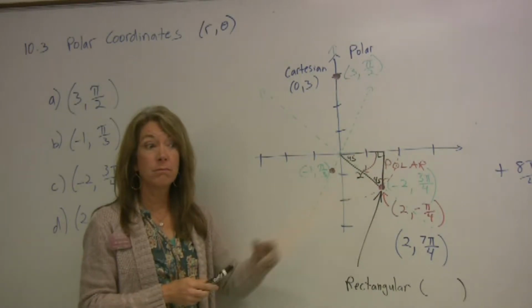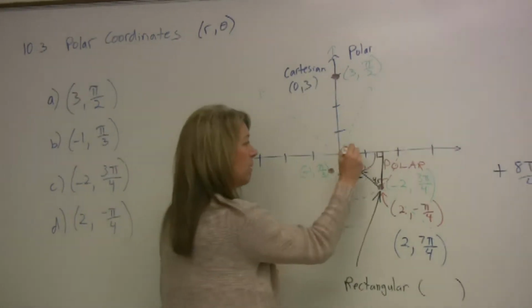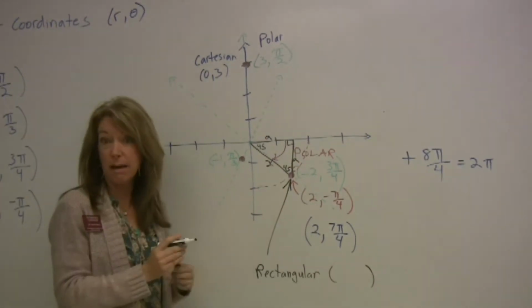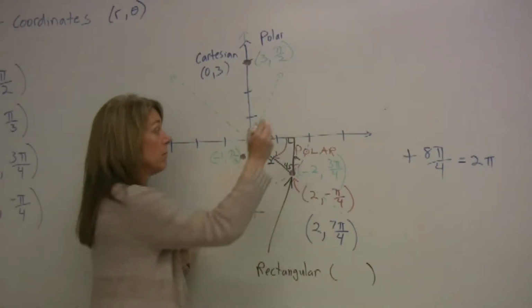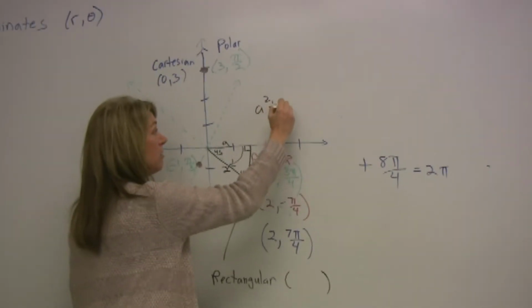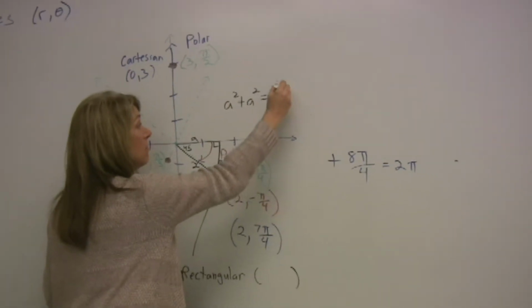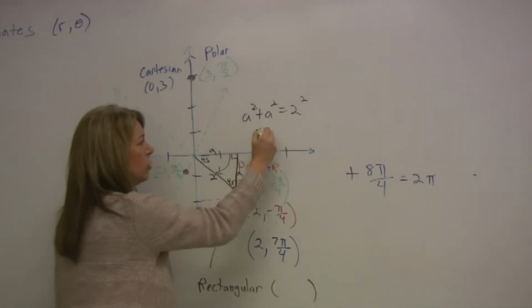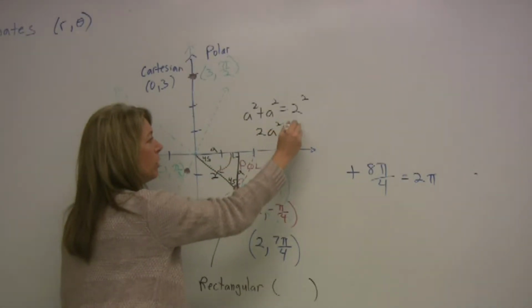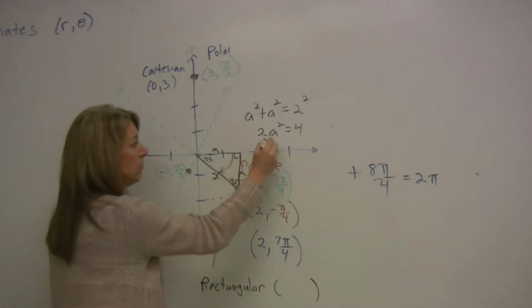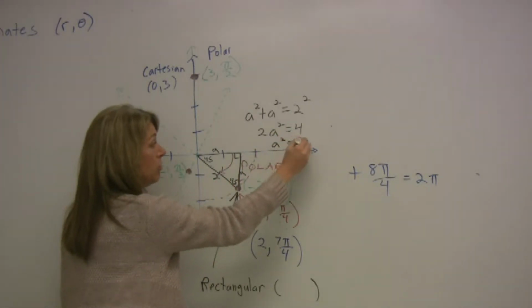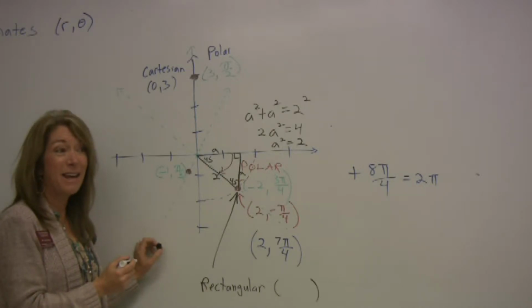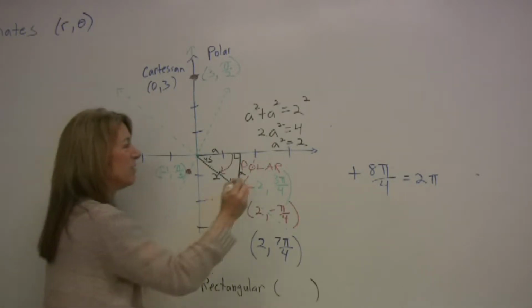They're the same. Call them A, and this one would also be A, because they're the same. A squared plus A squared has to equal 2 squared. 2A squared has to equal 4. A squared equals 2. What's A? A equals square root of 2.